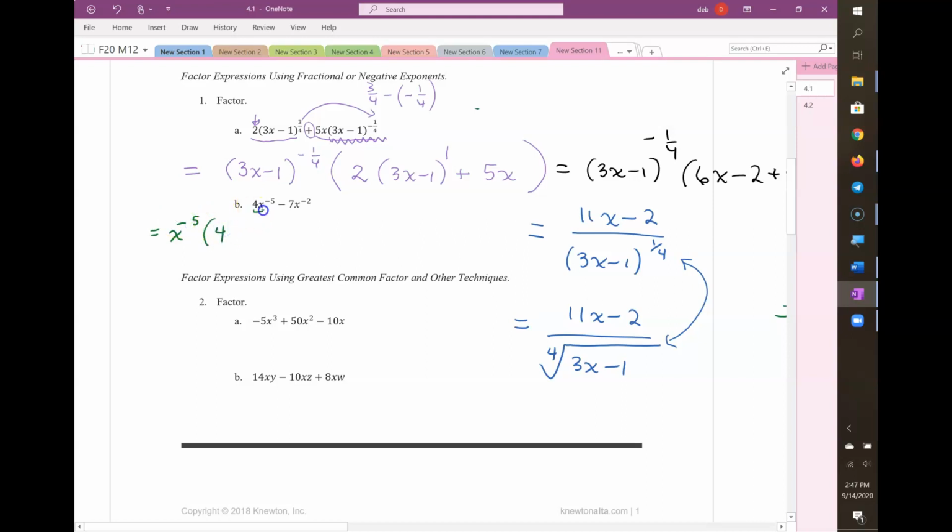So that leaves a 4 from the first term, then minus a 7, then negative 2 minus negative 5 gives me a power of 3 that I need to have on the x, so that when I distribute and add the exponents, I get back what I started with. And then we're going to write our answer with positive exponents only, so 4 minus 7x cubed over x to the 5th.